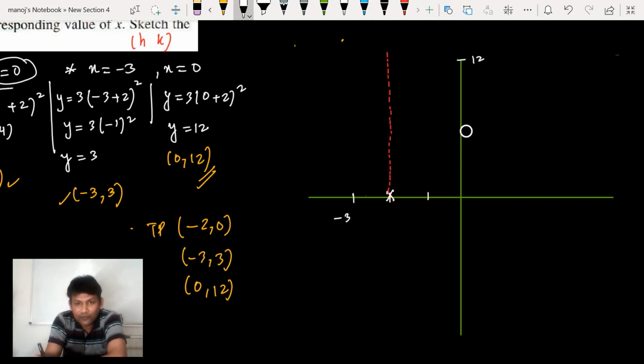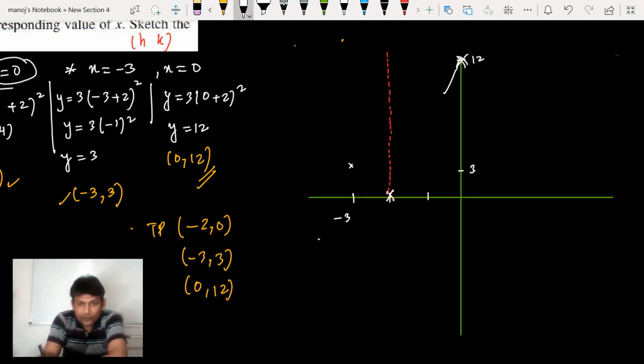Suppose this is 12, then this is 6, and this is 3, about here. And then you have 0, 12, here at this point.